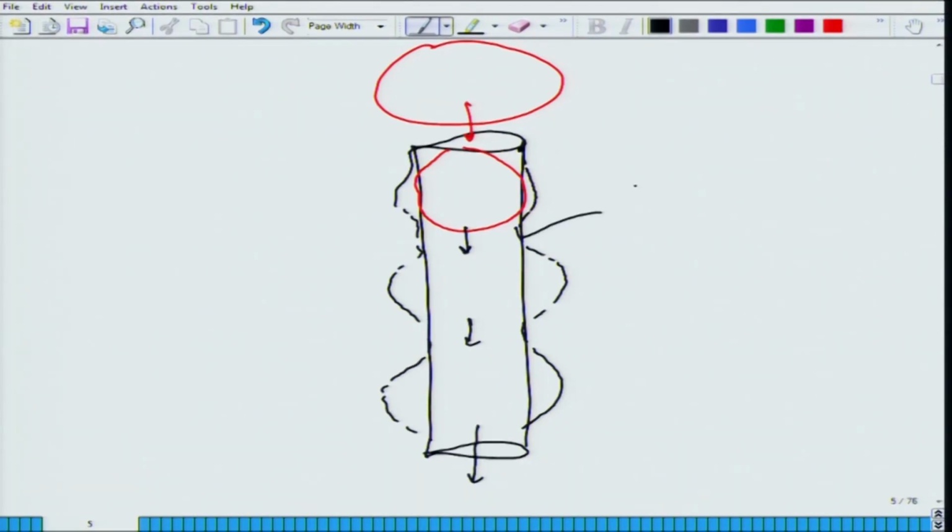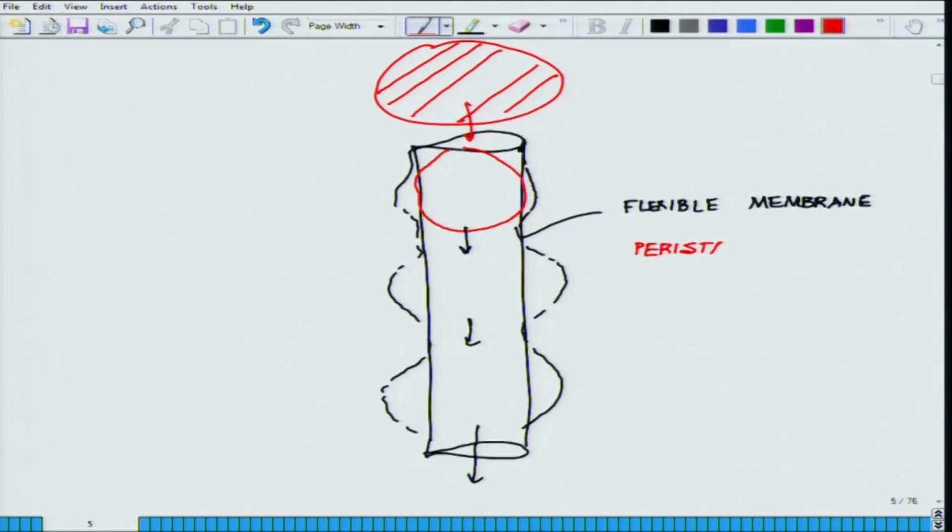This is a flexible membrane. So, this whole motion of the ball as it moves through the digestive tract like that is called peristalsis, and this whole motion is called peristaltic movement.